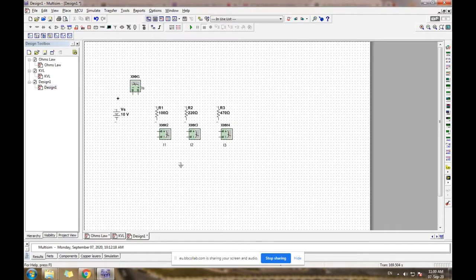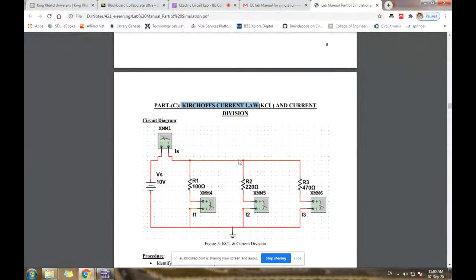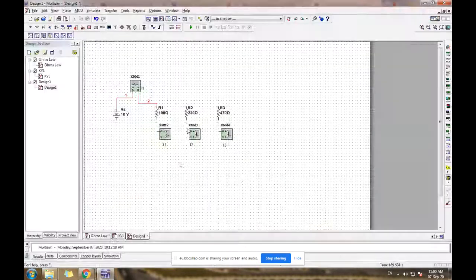So this positive is connected to negative. Negative is connected to resistor R1. Okay. And it is also connected to R2 and also connected to R3. If I move it like this, I can say that this is also connected to R2. This is also connected to R3. Okay.